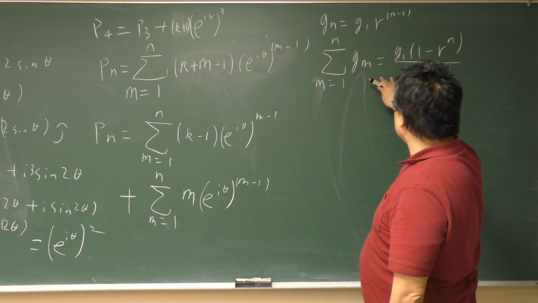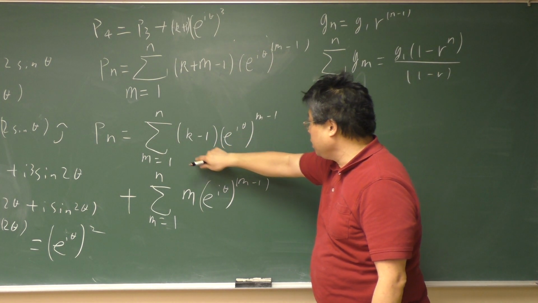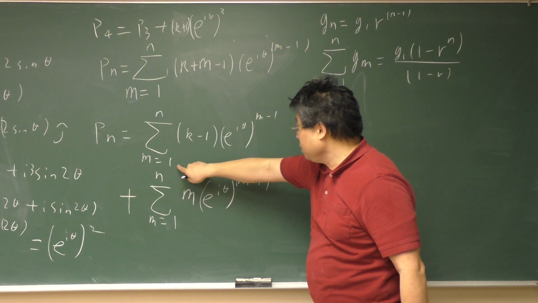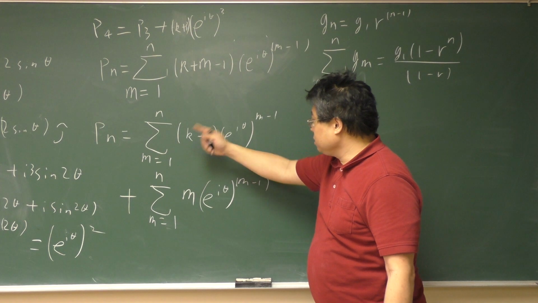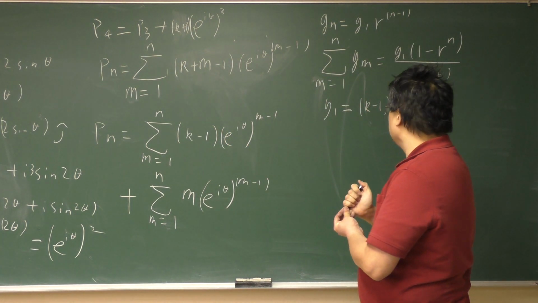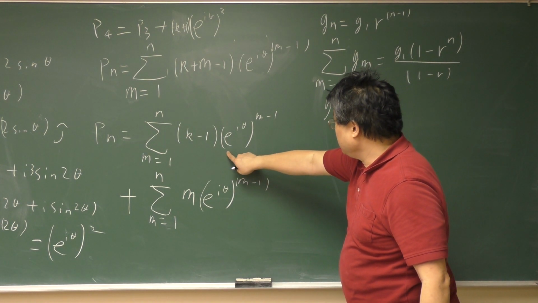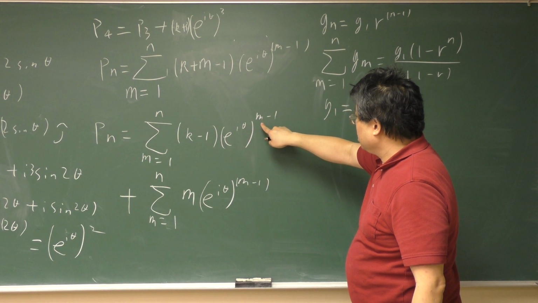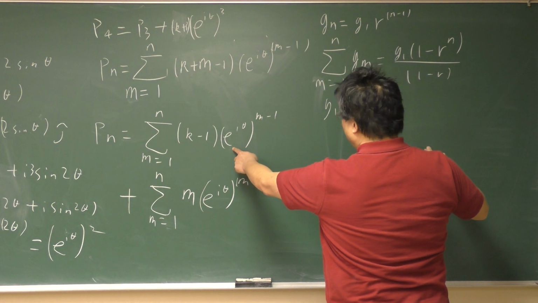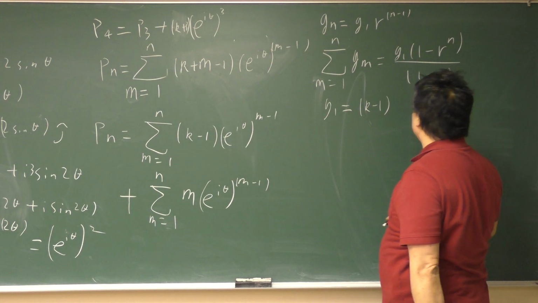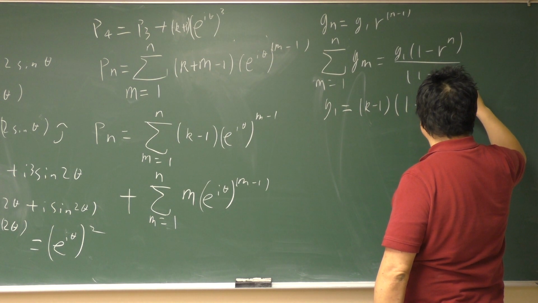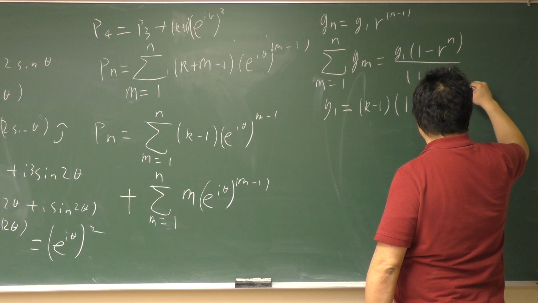You can see that this equation can be directly used here, where g of 1 is whatever we get if we put 1 in here, and k minus 1, well, we can't do anything about that. That just is k minus 1. And then this one, if you plug it in here, our r is being replaced by e to the i theta, so it is 1 minus e to the i n theta.